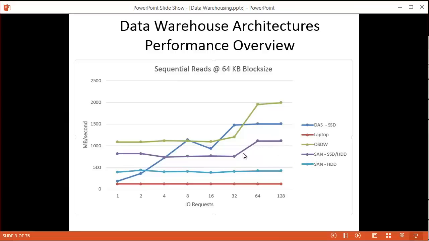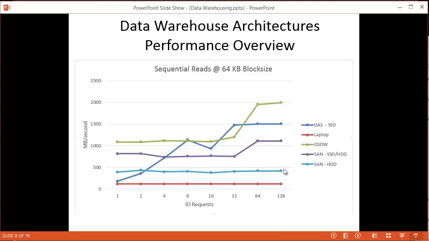This purple line represents a SAN. SANs are optimized for OLTP workloads and not for data warehouse workloads. This SAN has a combination of SSDs and regular hard disk drives as well. And this would be what I would refer to as a tier 1 SAN. So this is a very expensive SAN, but even though it's very expensive, it gets only slightly more than 1,000 megabytes per second.